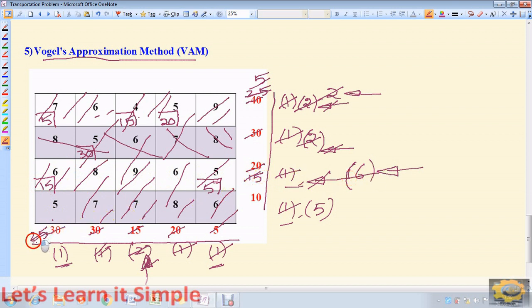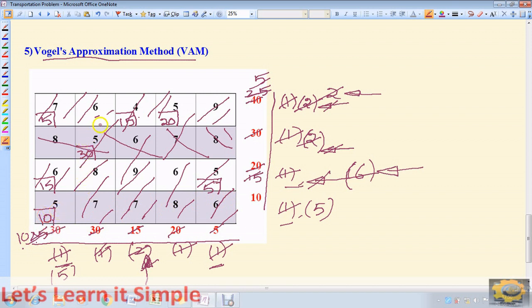Now this will become 10 now, after allocating 15. I have only one cell. If you get the penalty, it will be 5 here, it will be 5 again here. Okay. Now there is only one cell. If you check 10 here, 10 here, satisfying in that way, it can be allocated.